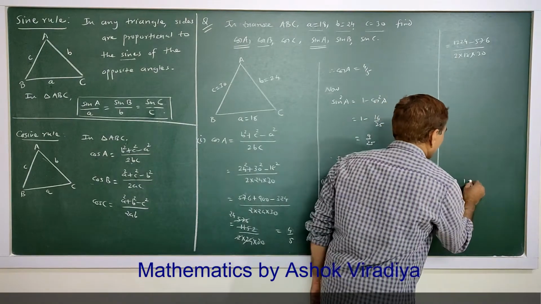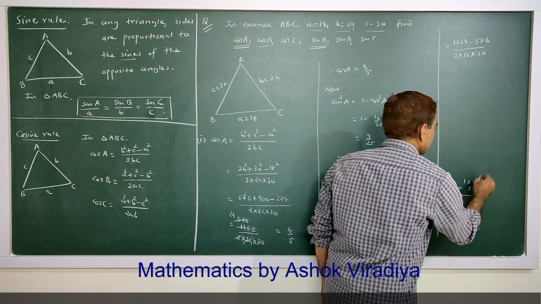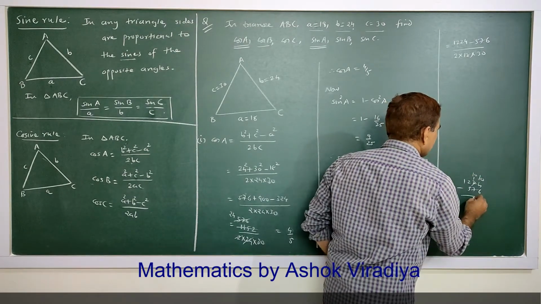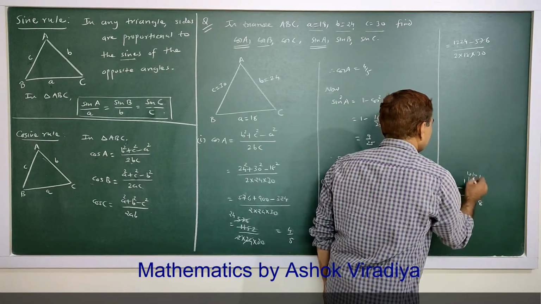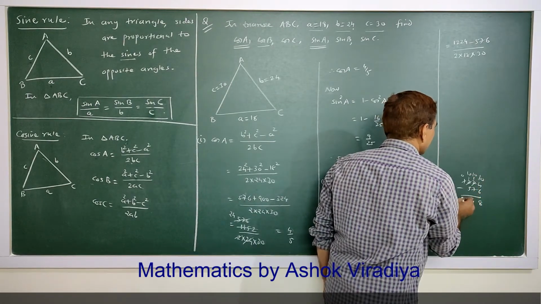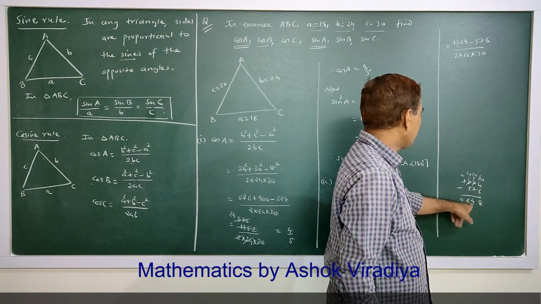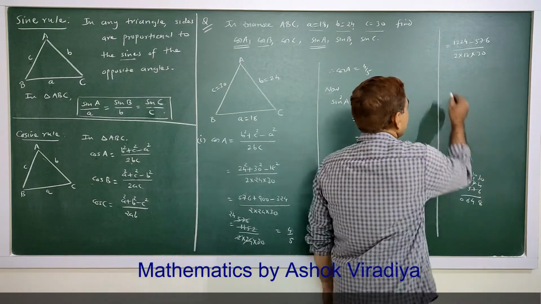Now 1224 minus 576 gives 648. So 648 is left.